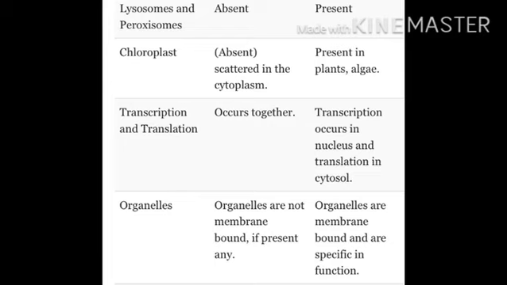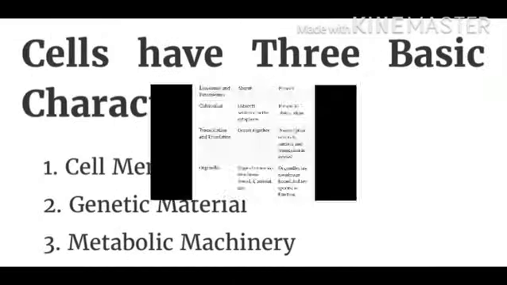Chloroplast is absent in prokaryotic and present in eukaryotic cells like plants and algae. Organelles: organelles are not membrane bounded, if present any, whereas in eukaryotic cell organelles are membrane bound and specific in function. Everyone must write the difference between the prokaryotic and eukaryotic cell in their copy.